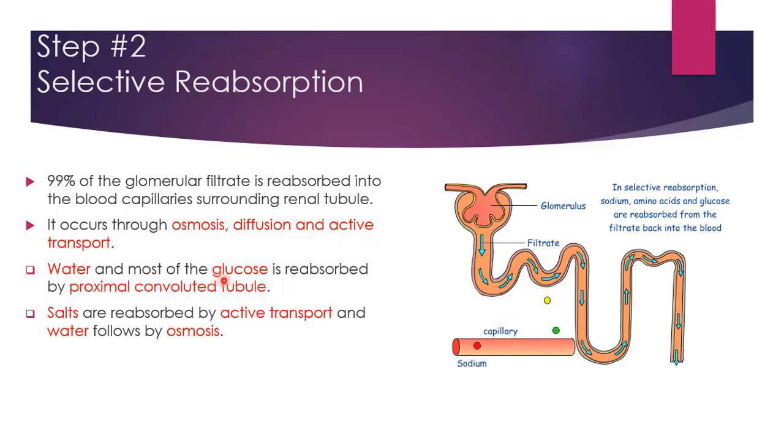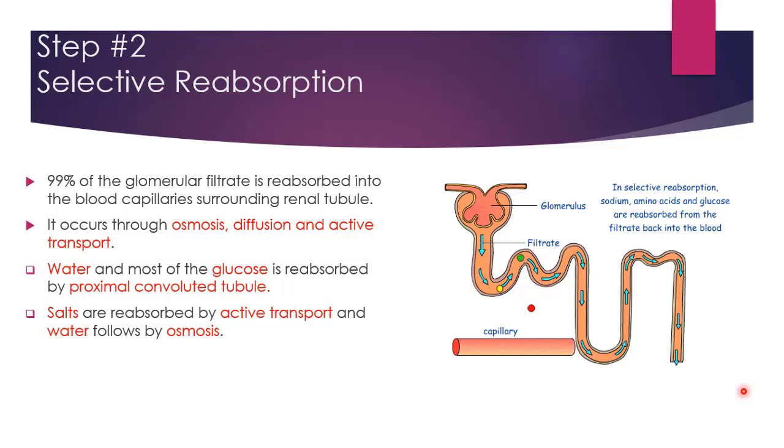Now water and most of the glucose is reabsorbed by proximal convoluted tubule right here. You can see the capillaries are doing the reabsorption of salt, glucose, water, or any other material that is present in that filtrate. Salts are reabsorbed by active transport and water is reabsorbed by osmosis, while glucose is reabsorbed by diffusion.